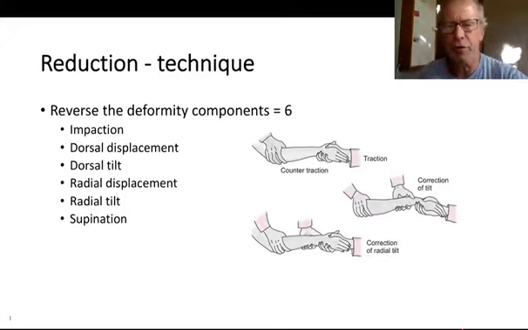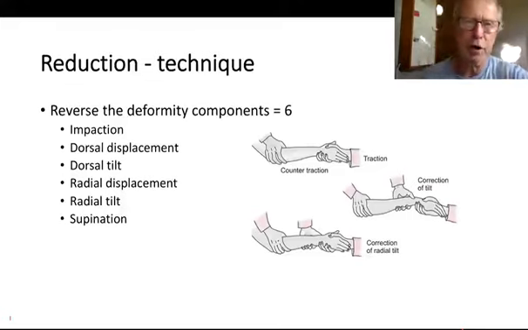To be able to reduce it, the first thing you must do is disimpact it, and that's where the traction force disimpacts it. Having done the disimpaction, you then need to reduce the tilt and the displacement in both the coronal and the AP plane. I think getting the reduction is fairly easy. I would suggest it's probably going to be a more than one person technique.